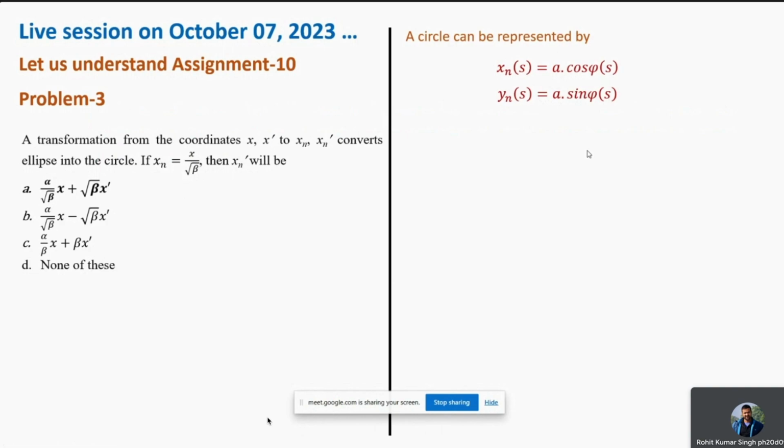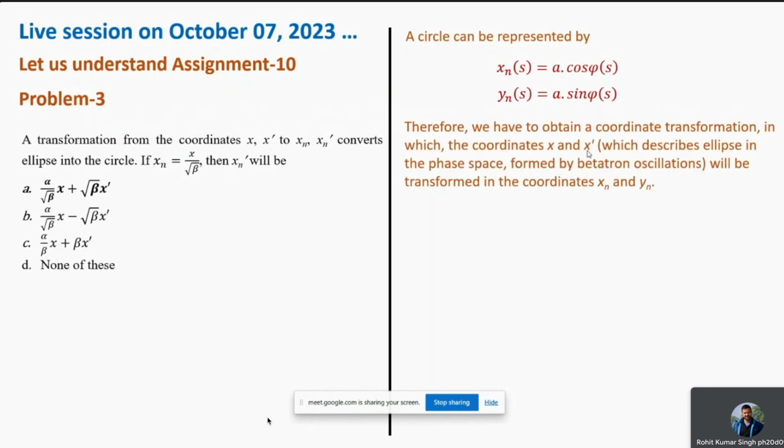So how will we convert our ellipse into the circle? That is the question. Definitely we have to obtain some coordinate transformation which transforms our coordinates to such a form in which the amplitude really becomes constant. In our case, the amplitude is actually under root emittance beta.